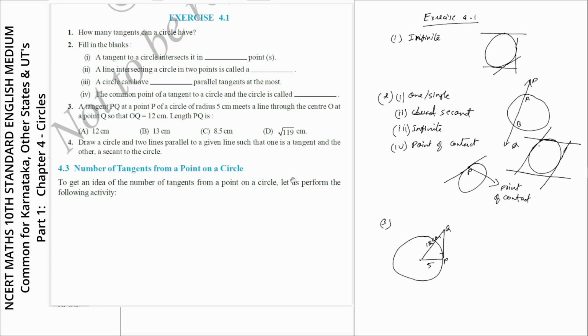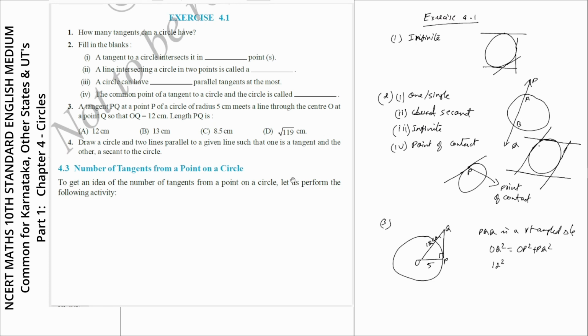So now, a tangent always makes an angle of 90 degrees to the radius, right? So here OPQ is a right angle triangle. Therefore the square of the hypotenuse is equal to the sum of the squares of the other two sides. Therefore OQ square is equal to OP square plus PQ square.